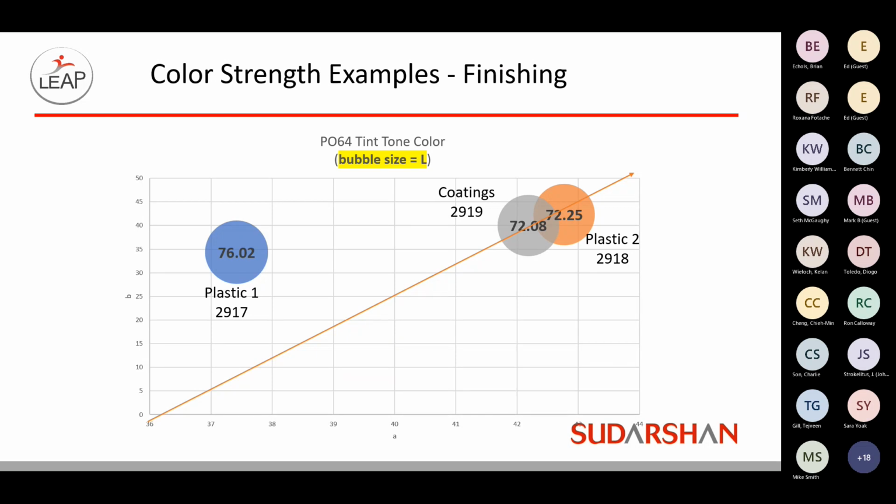So that's an indication of the strength in these examples. The higher the L value signifies a lower strength when all 3 are compared together. So what we see here is that the 1 plastics grade and the 1 coatings grade have a relatively similar strength to each other. However, the 1 plastics grade is going to be on the weaker side when all 3 are compared together.